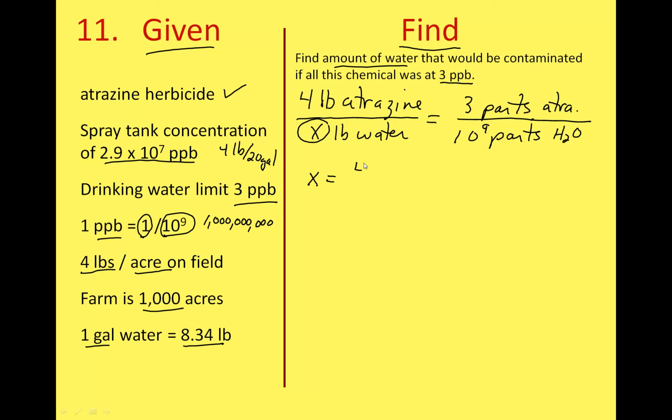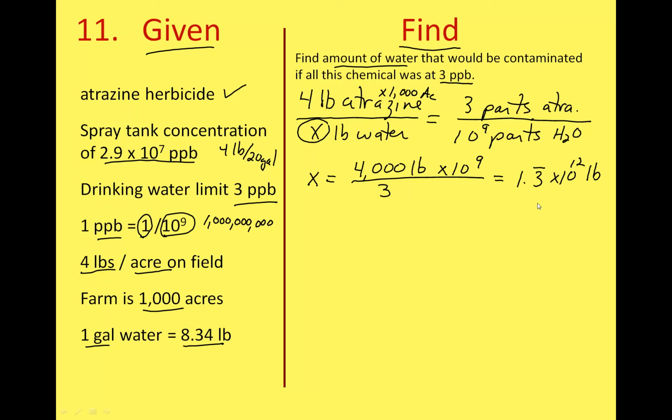So X is equal to 4. Oh, and we have to include in this, we're multiplying this by 1,000 acres up here, total. So let's include that. We now have 4,000 pounds of atrazine that we have to deal with. At 4,000 pounds times 10 to the 9th divided by 3, that is going to equal 1.3, with a bar over the 3 from the calculator, times 10 to the 12th pounds.